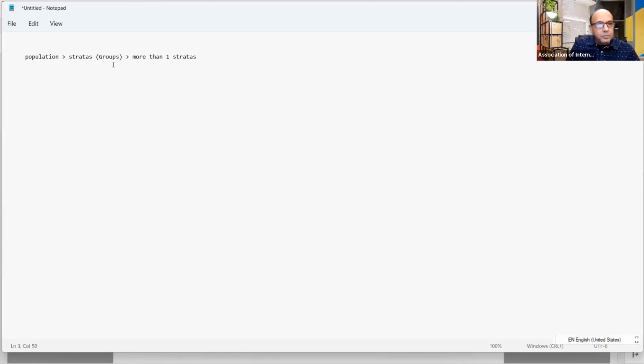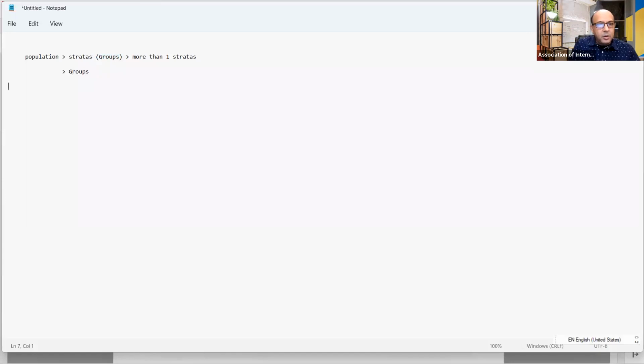While the stratas are containers of a number of groups, on the other hand, you can also, from the population, just work with the groups if you like.